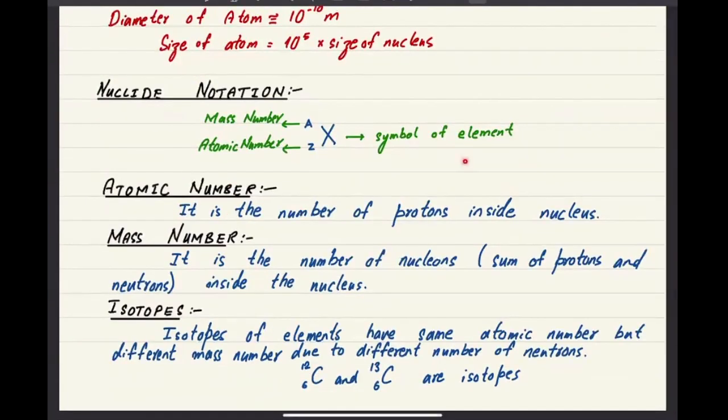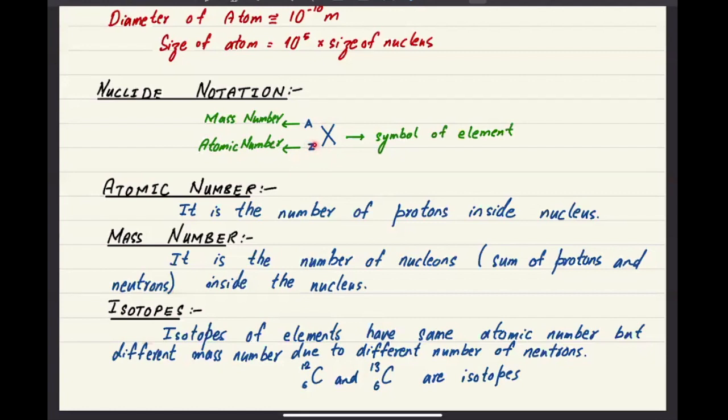The next thing you need to identify is nuclide notation. A nuclide notation is basically a way to represent the element and tell a bit more detail about the composition of the nucleus. On top, you write the mass number, and at the bottom on the left-hand side, you write the atomic number.